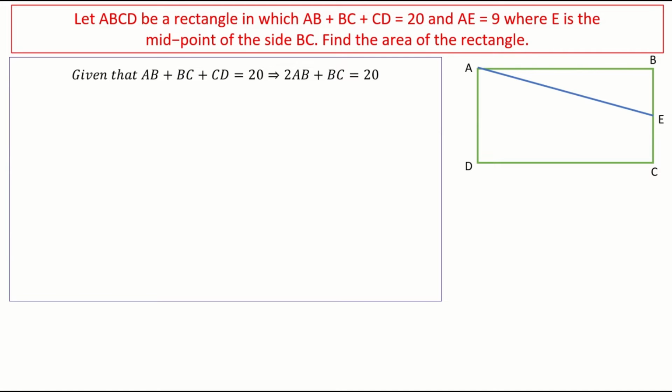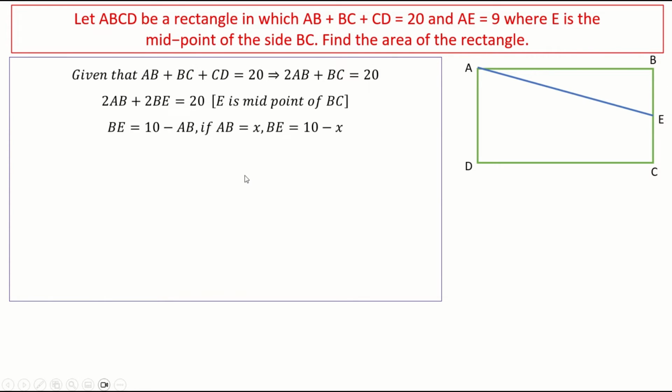Opposite sides. So 2AB plus BC equal to 20. And BC I can write as 2BE because E is the midpoint of BC. Okay. So BE equal to 10 minus AB. Let's, for simplification, let AB equal to x, then BE equal to 10 minus x.